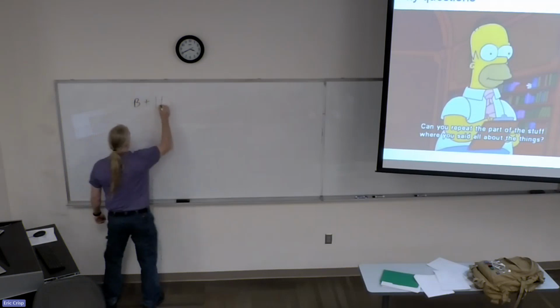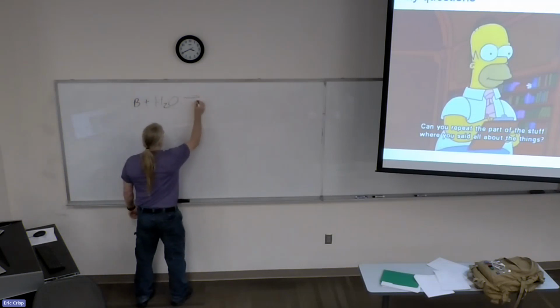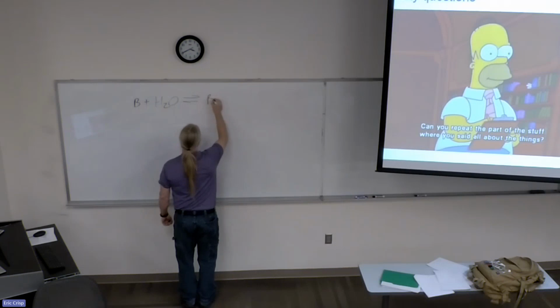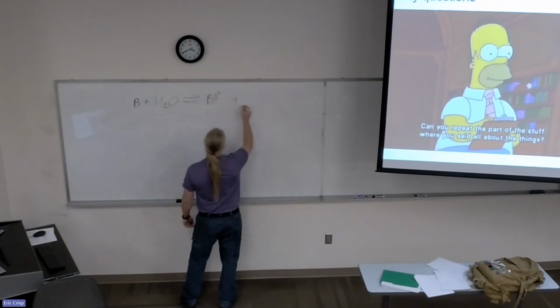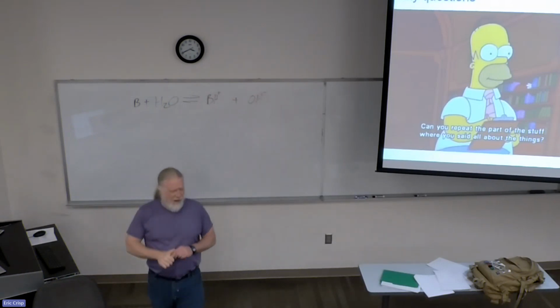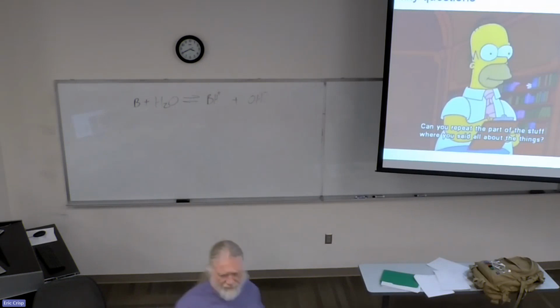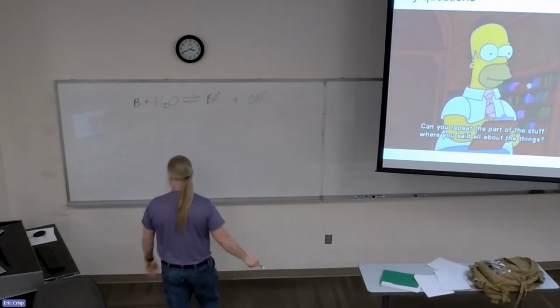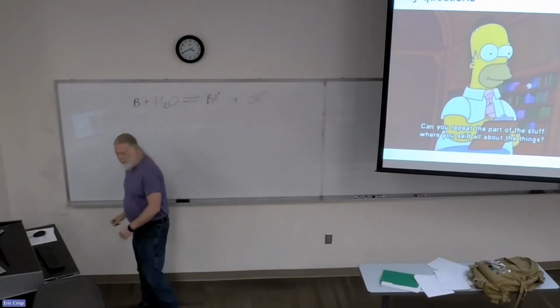B plus H2O will give you B with an H plus taken onto it plus OH minus. And then you can calculate the OH minus concentration and the pOH and then subtract from 14, or do the inverse instead of the -14 to get the H plus concentration correctly.